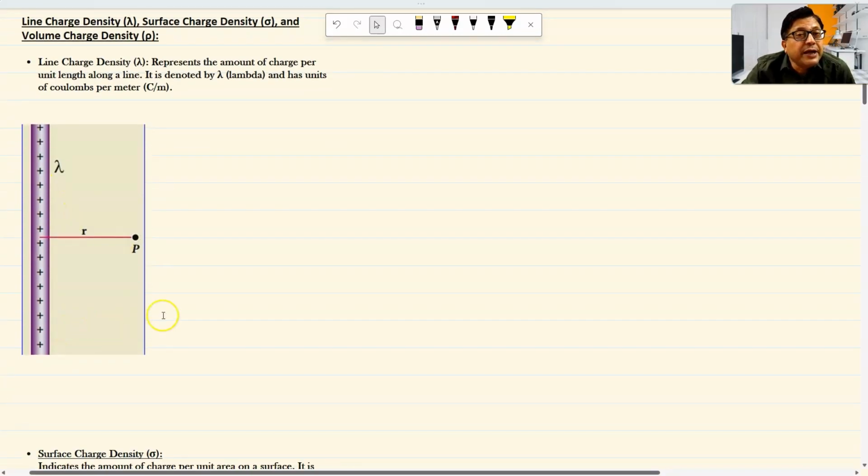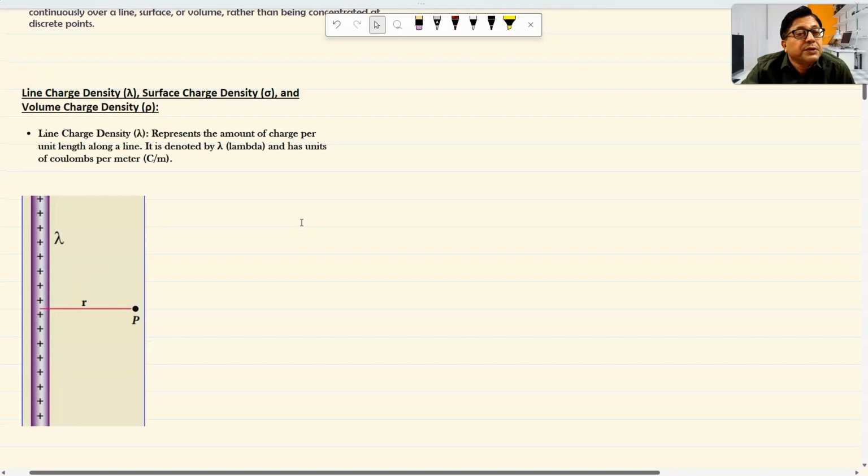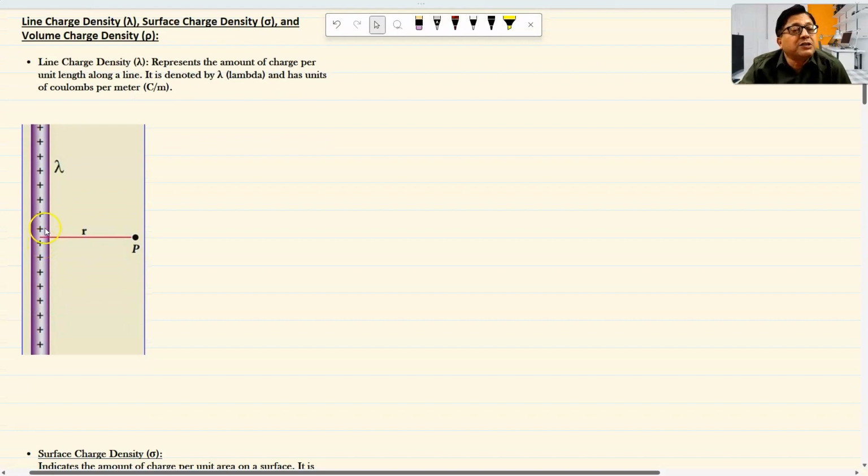See in this diagram, there is continuous distribution of charge here. Why? Along the length, suppose some amount of charge Q you have distributed. Then we will assume that the charge is distributed uniformly over the whole length of the wire or rod.